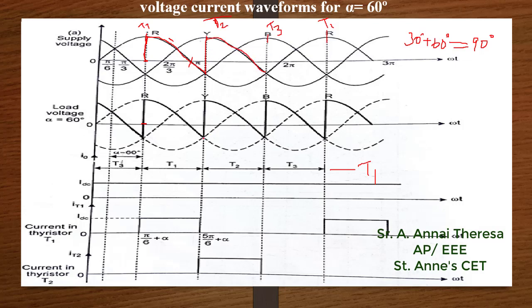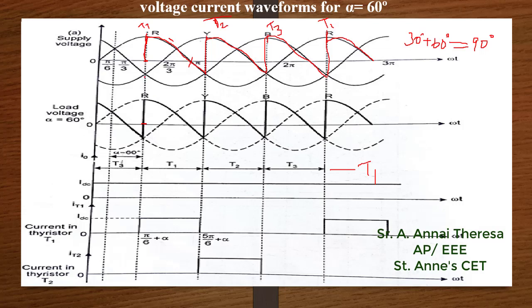See here, the same thing is drawn here. Then at this 90 degree, since the B phase is maximum, T3 is triggered. Then the B phase voltage will appear across the load. Again the thyristor T1 is triggered since the R phase is maximum, and it will go on like this.